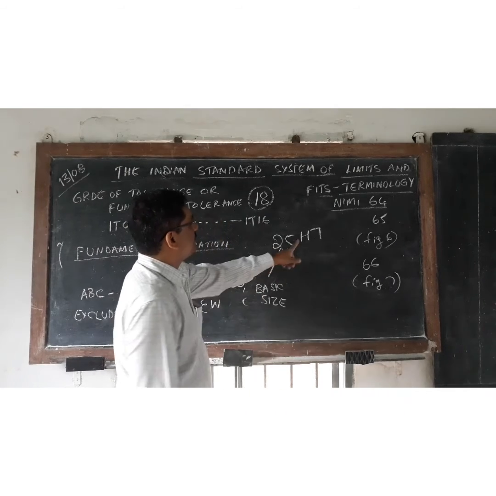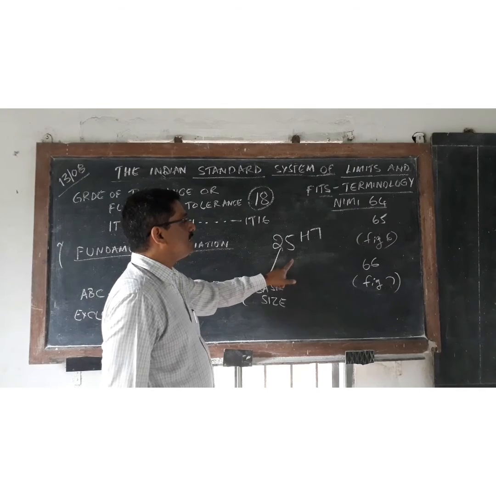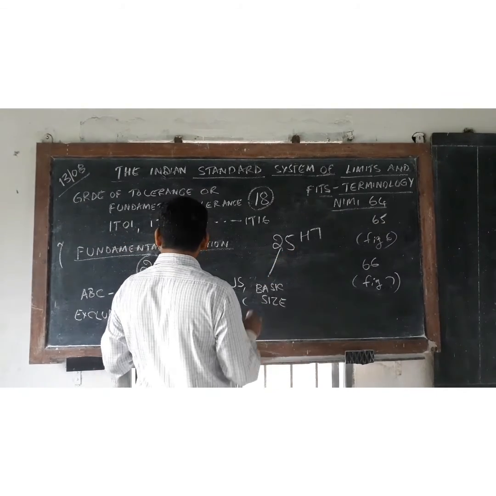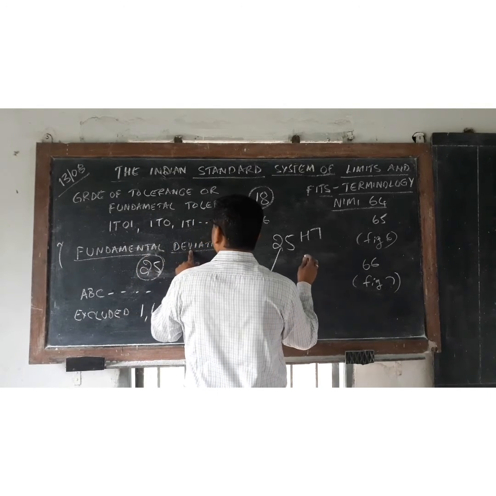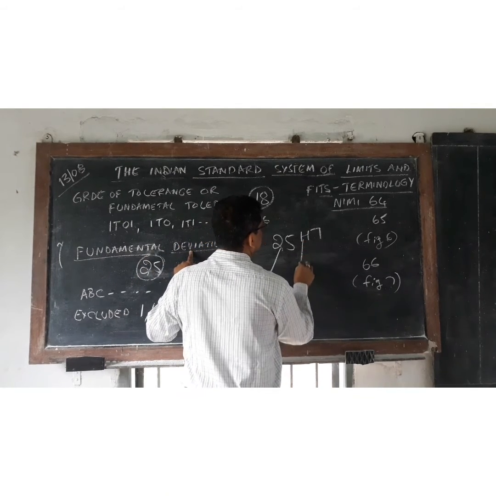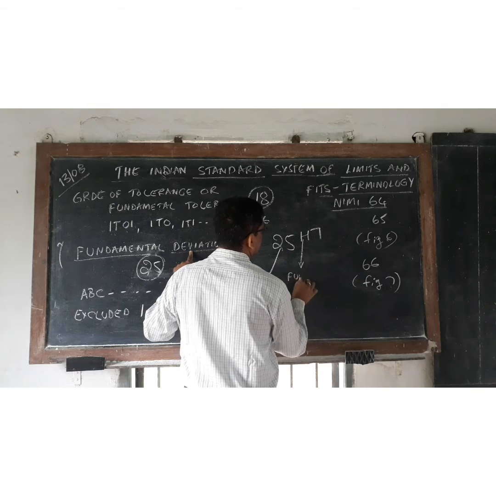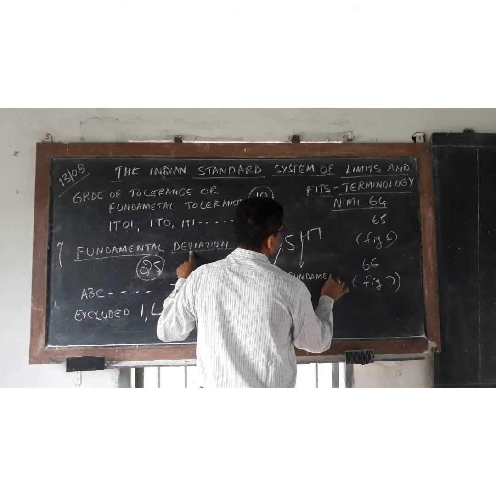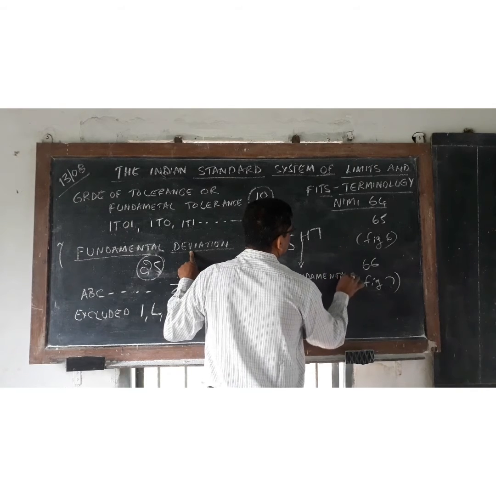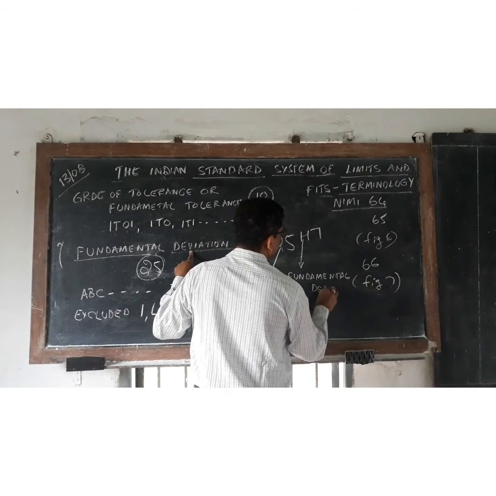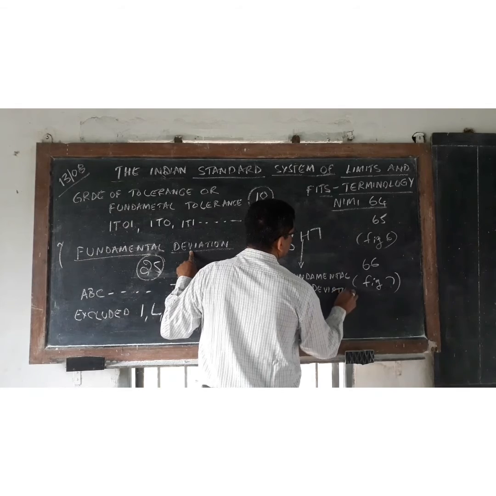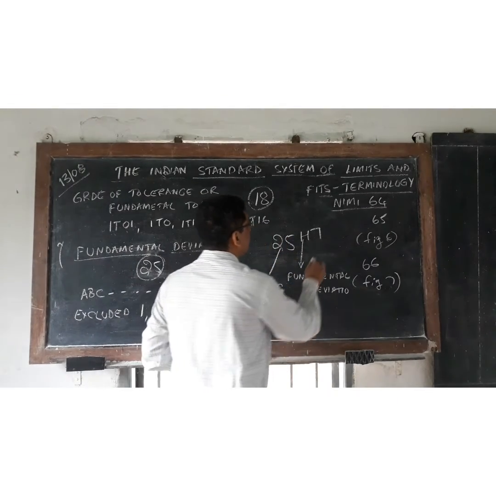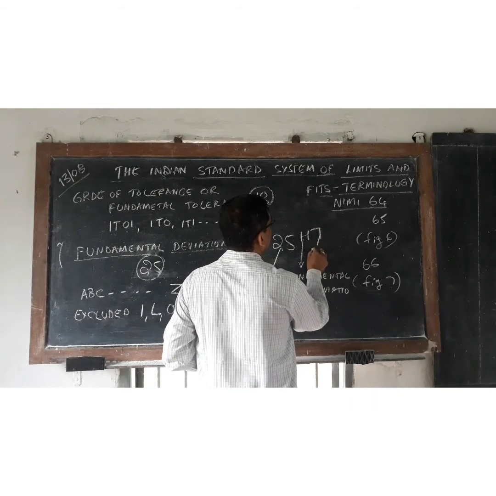Capital H, because it is a hole, so it is H. It is the fundamental deviation, and 7 is the grade of tolerance.